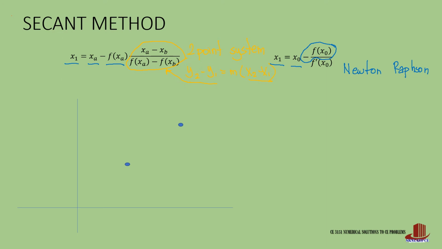Let's have it in detail. If this is taken as x sub a with the function of x sub a, and that is denoted as the x-intercept or the x-coordinate, and the vertical height would be given as the function of x sub a. Take the other point.